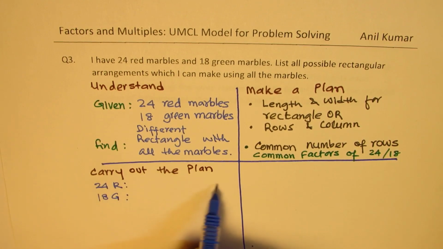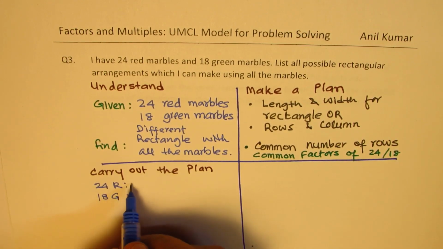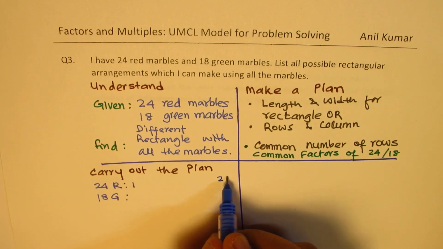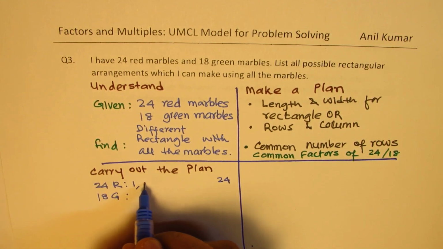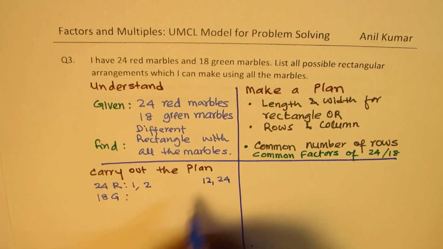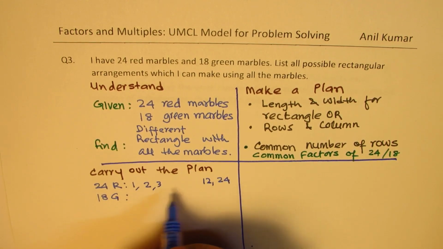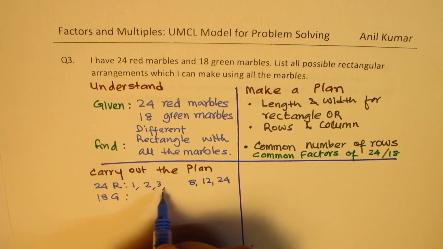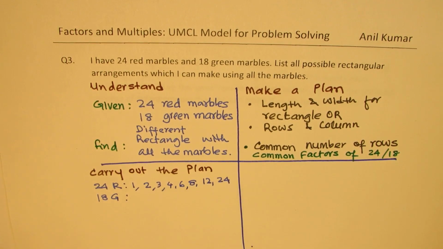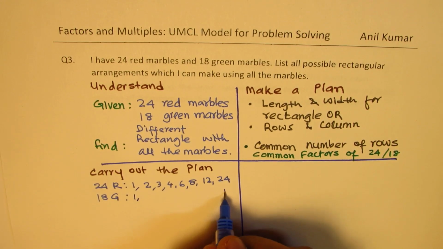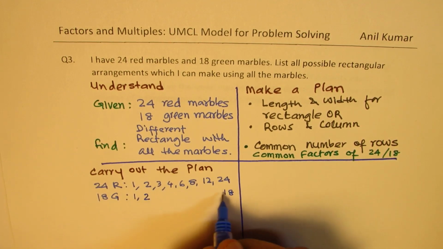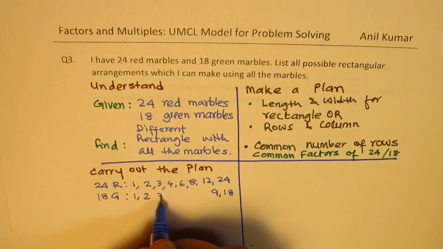So let's write down their factors. Of course we can have 1 and 24. So it's kind of a rainbow, right? 1 and 24. We could have 2 and 12, right? We can have 3 and 8. We could have 4 and 6. So these are the factors of 24. As far as 18 goes, we could have 1 and 18, 2 and 9, 3 and 6.